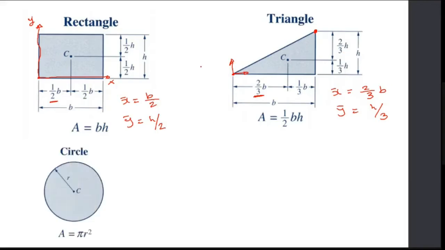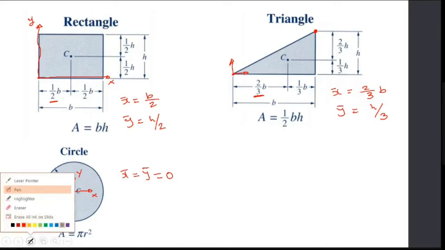And for a circle, you know the area is pi r square, right? If I consider this is my origin, this is my x and this is my y, then my x bar and y bar both are 0, because the center point is the centroidal location. So what happens if there is a little change?